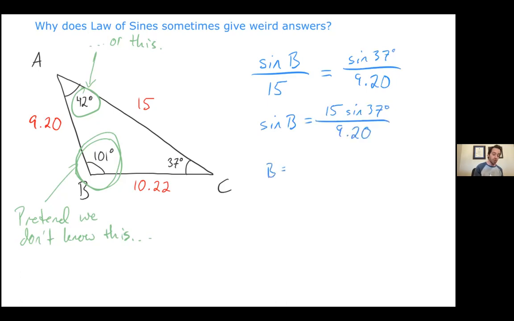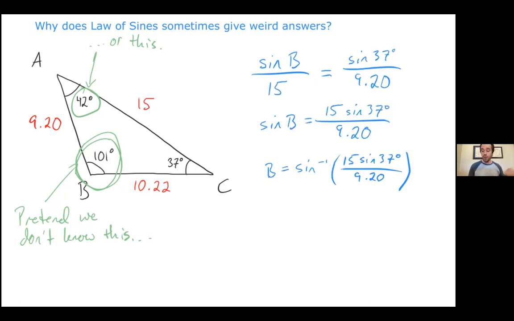And now I'm going to use my handy dandy calculator to get what this is going to be. Now keep in mind, we already know that it's supposed to be 101 degrees, but I'm going to get something really wacky here. Inverse sine of 15 sine 37 divided by 9.2. Make sure you are in degrees mode.